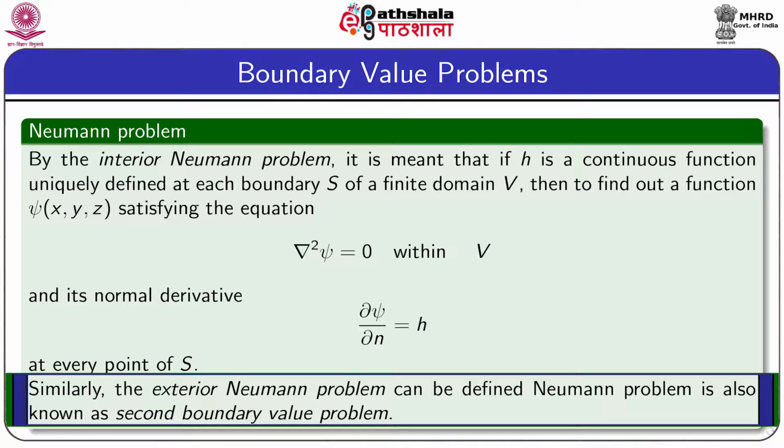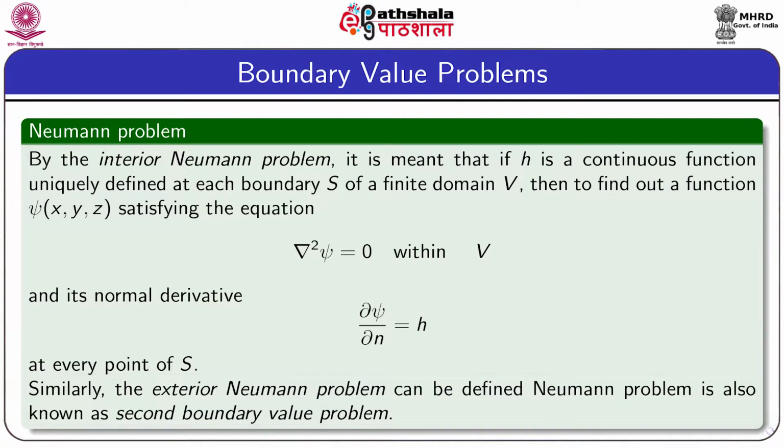For the exterior Neumann problem, psi will satisfy the equation grad square psi equals 0 outside some region capital V, and on the boundary of capital V, the normal derivative of psi, that means del psi del n, is equal to some known function capital H. So, any kind of Neumann problem, whether interior or exterior, is called a second boundary value problem.